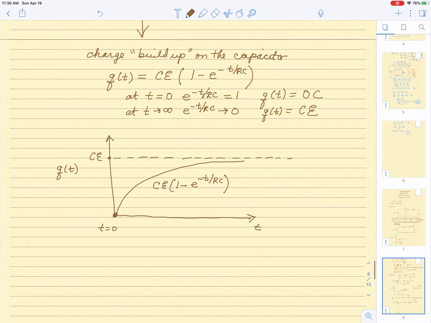One can also analyze the voltage across the capacitor. The voltage across the capacitor then is going to be Q over E, in this case the voltage supplied by the EMF. This then is going to be Q of t over E, which is C times E over E, times 1 minus e to the negative t over RC.